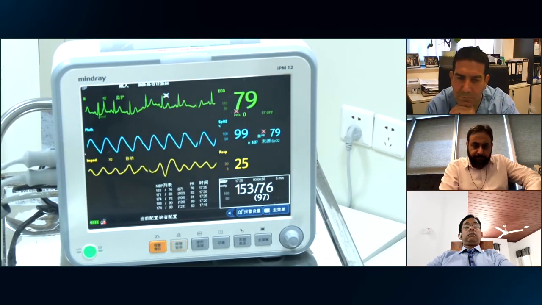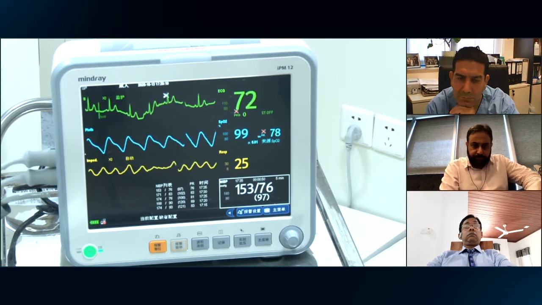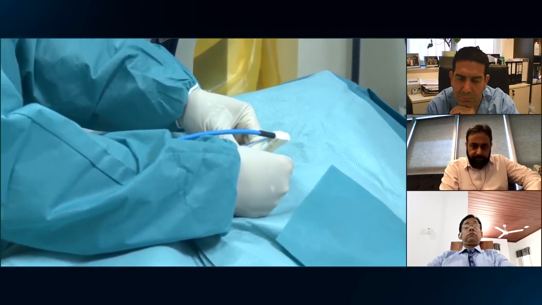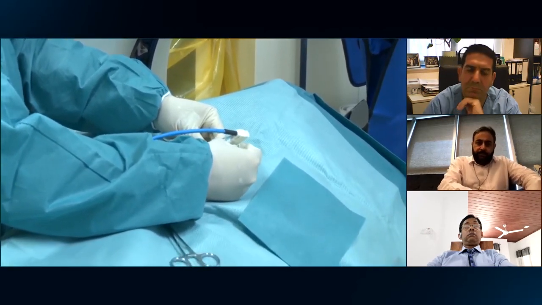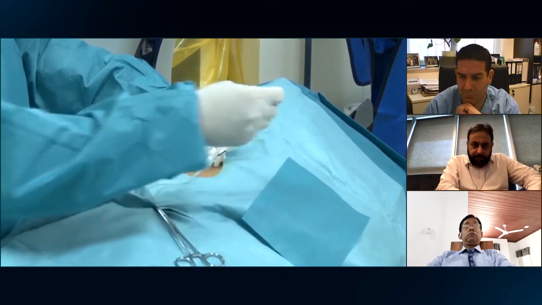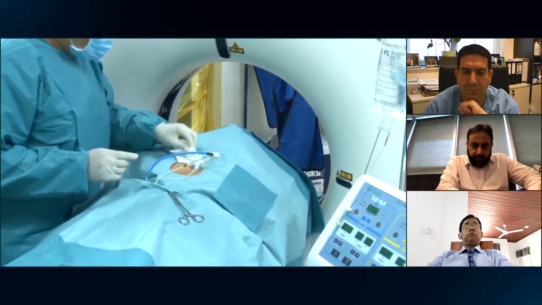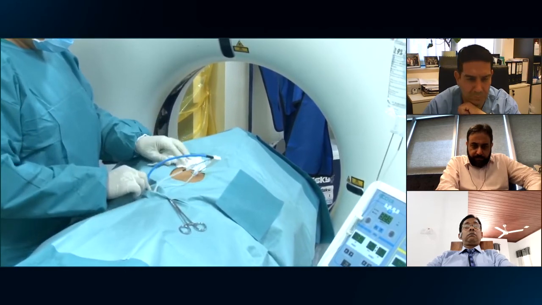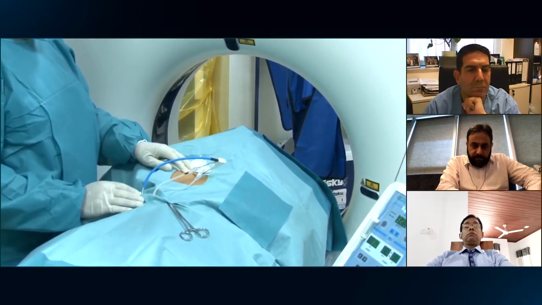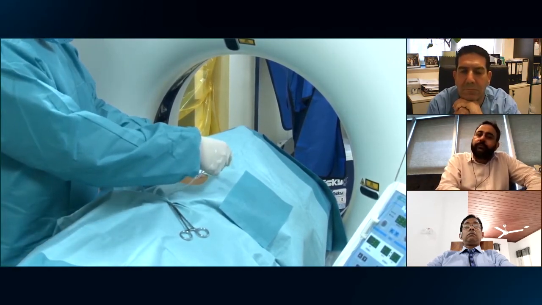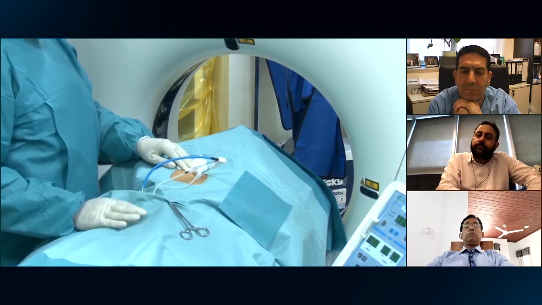Usually we also take another sample through the same tube, which is the post ablation sample, to increase the positive rate, because you want to confirm histologically tissue necrosis.